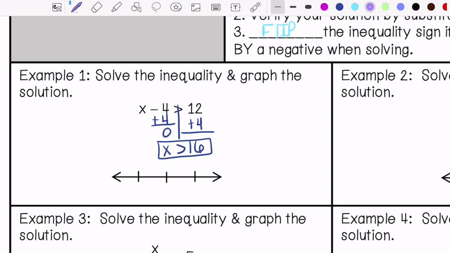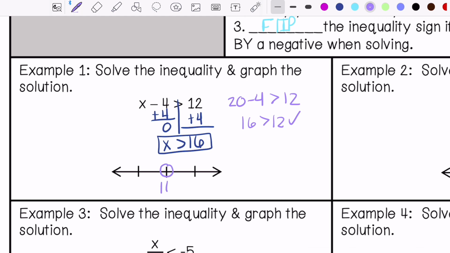Pick a number greater than 16. I'm just going to do 20. So is 20 greater than 16? Yes. I'm going to have an open circle, and my arrow needs to point towards all the numbers greater than 16.